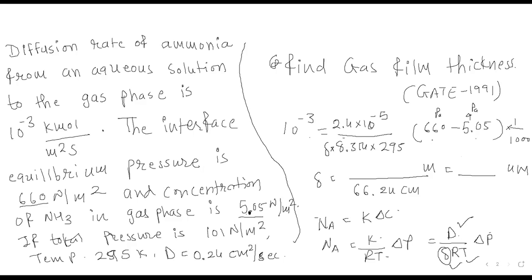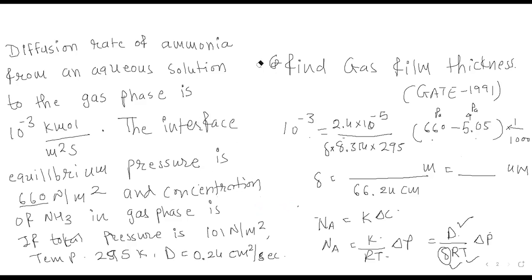Why is it given in total pressure? Let me tell you why total pressure is given. I will change the example in an easier way. For example, they are not saying 5.05 multiplied by Newton.